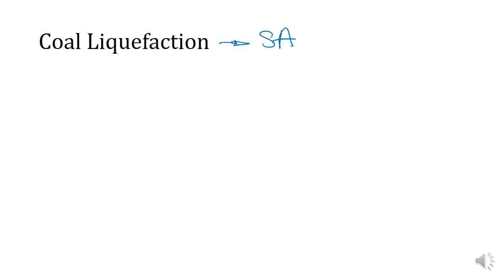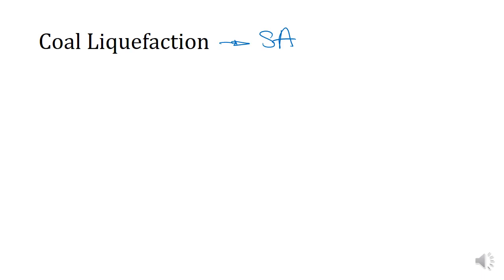So if there are global fluctuations in oil prices, with enough coal liquefaction technologies, a country like South Africa might be able to insulate themselves from those price shocks on the world market.